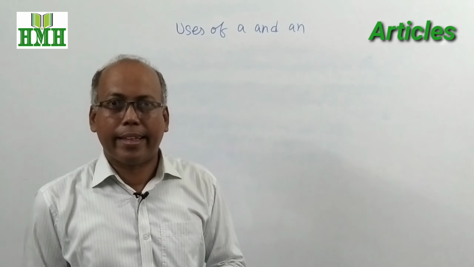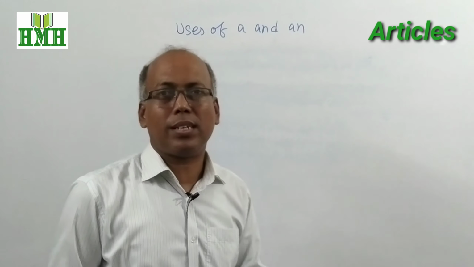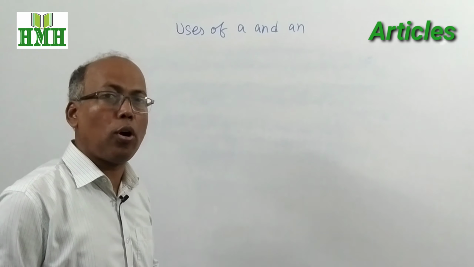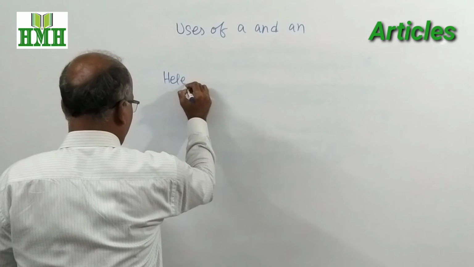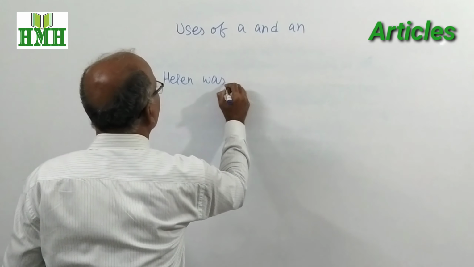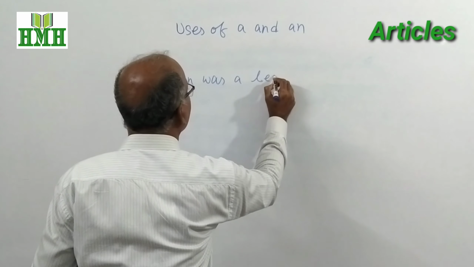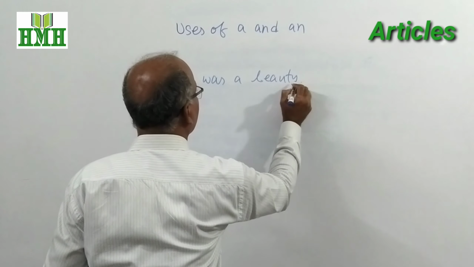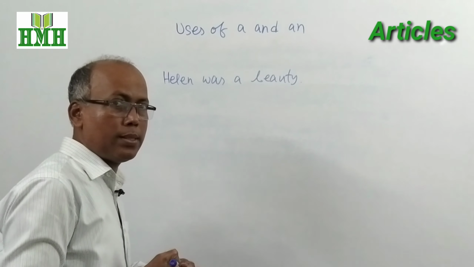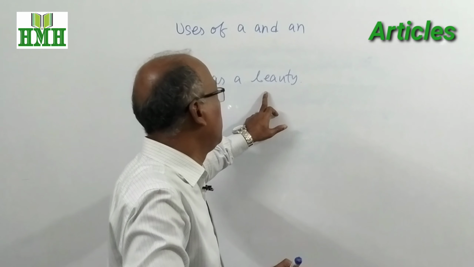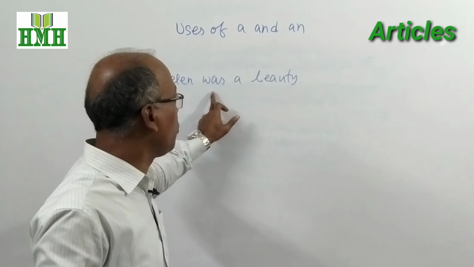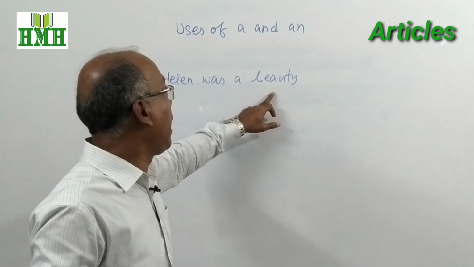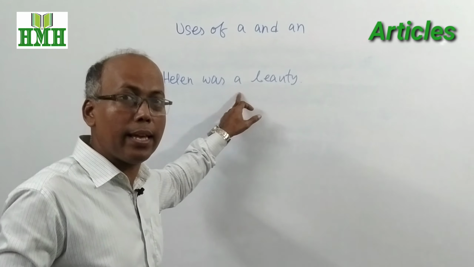A or an is used before abstract nouns used as common nouns. Helen was a beauty. Here, beauty is an abstract noun, but it is used as a common noun. Helen was a beauty, and before it we use a.